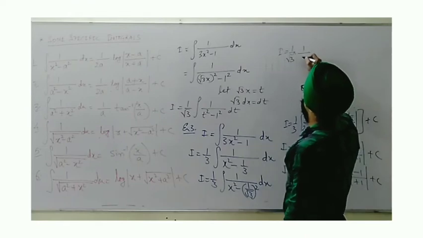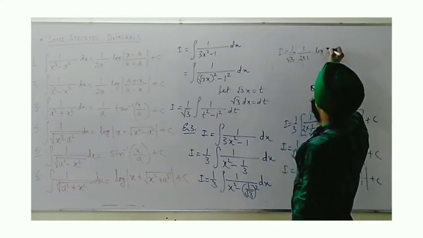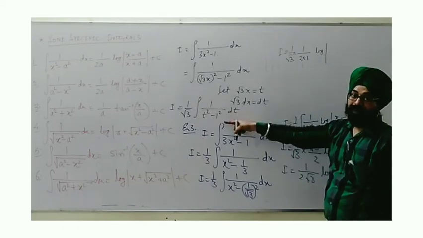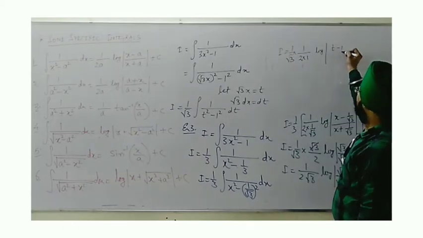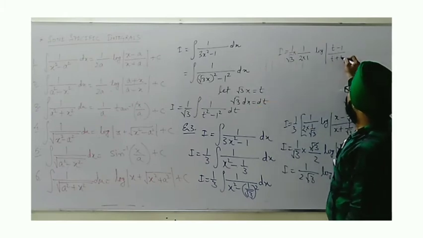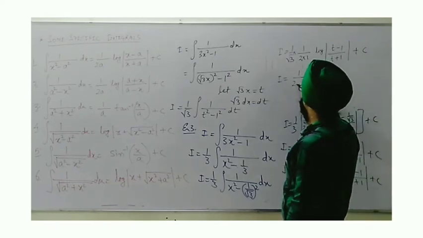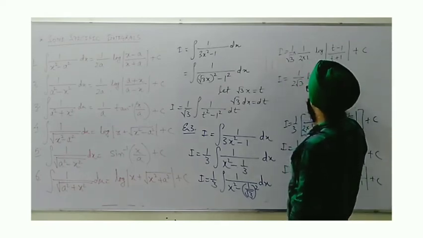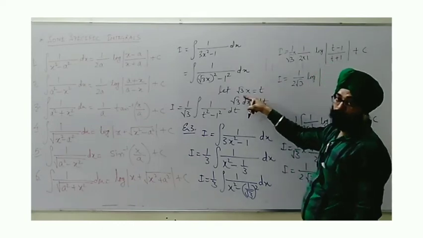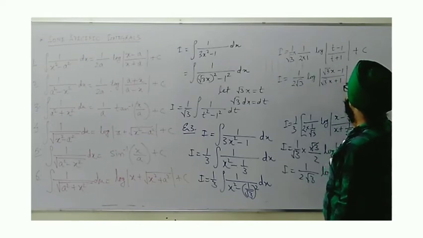So 1 upon 2a means 1 upon 2 into 1, log of x minus a means t minus 1 upon t plus 1, plus c. Solving, I find this is 1 by 2 root 3, replacing t by the value root 3x. So we can write log of root 3x minus 1 upon root 3x plus 1, plus c.